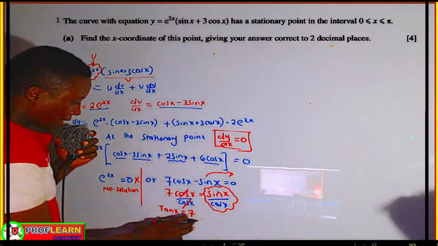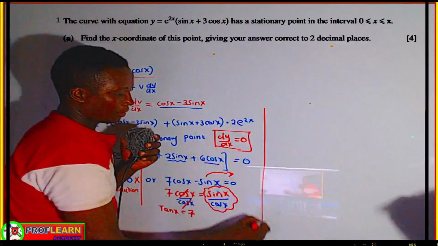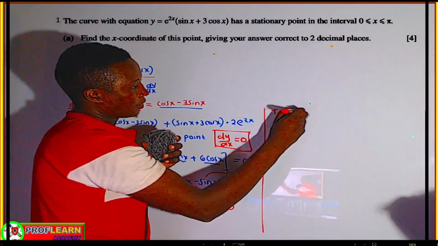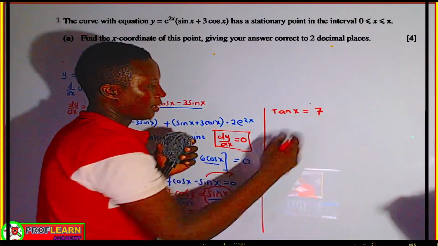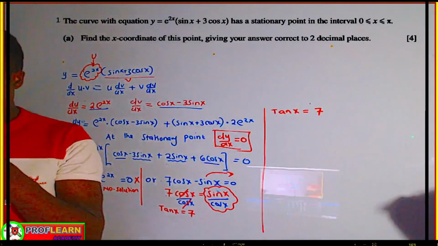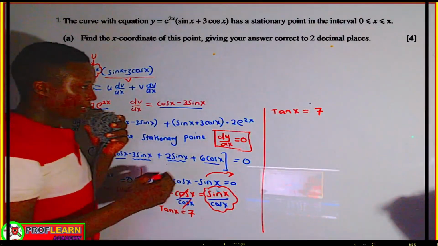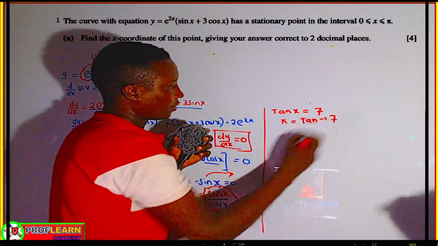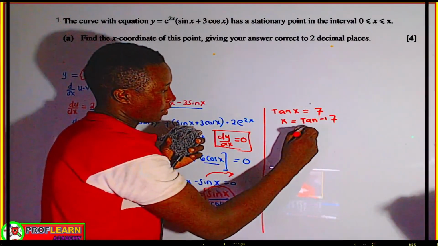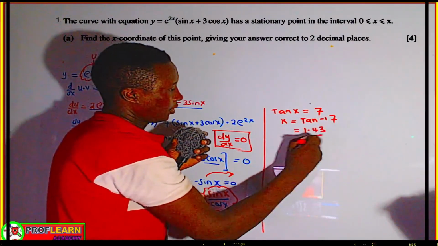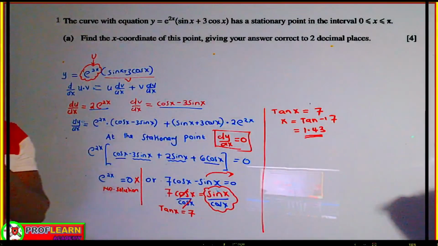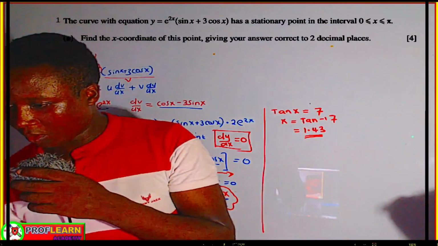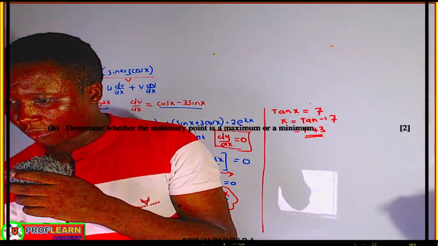And then we can say at this given point that since tan x equals 7, and in this particular question we are trying to find the x value, or the x coordinate, our x is going to be tan inverse of 7, and this is going to be 1.43 as our final answer.